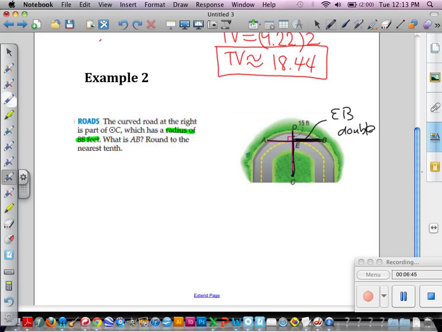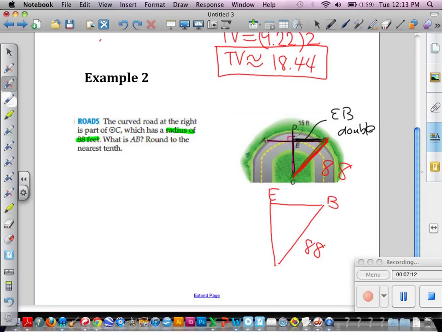They told me that my radius is 88. My radius is 88. So I'm going to do my triangle trick again, just like I did on the last problem. That's 88. Okay, I'm looking for, I'm going to pull that triangle out. This is 88. I'm looking for EB.